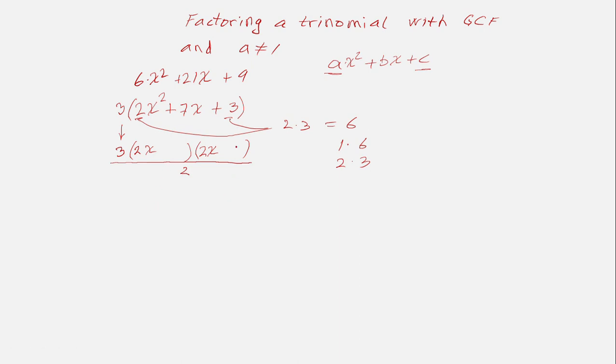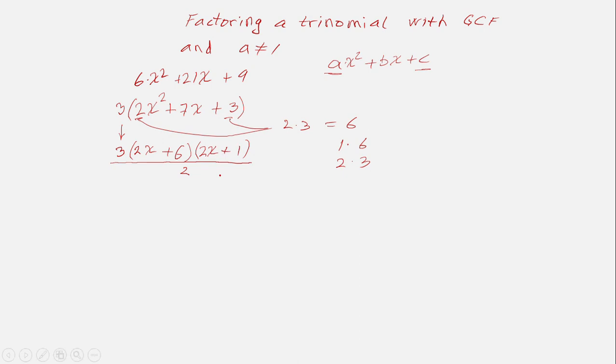Okay, and now from these numbers, we need to figure out which combination will give us 7. Well, 6 plus 1 is 7, so this is actually going to be just 6 plus 1 or 1 plus 6, doesn't matter. Let's say 6 plus 1.